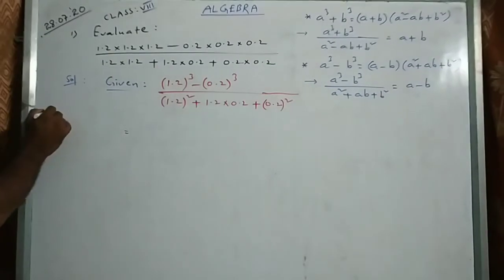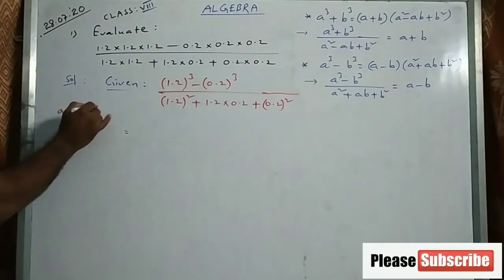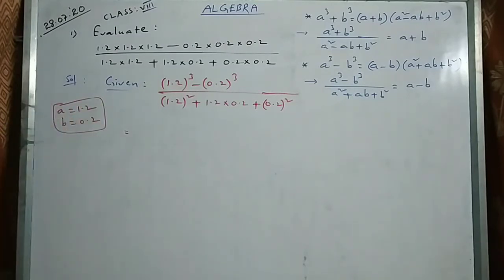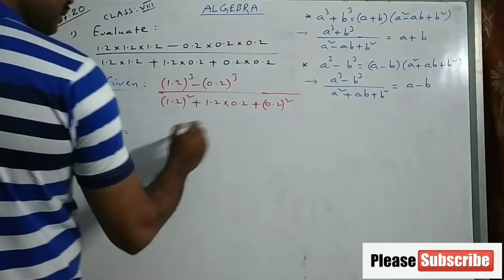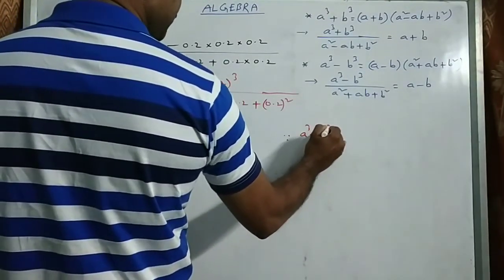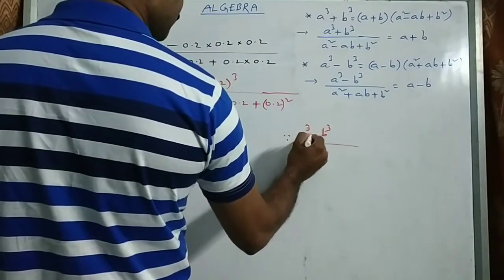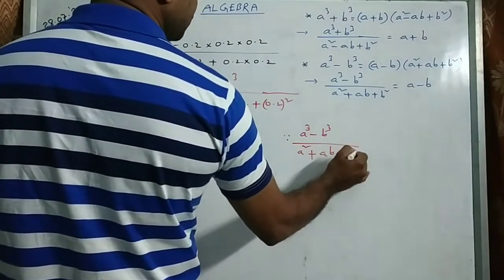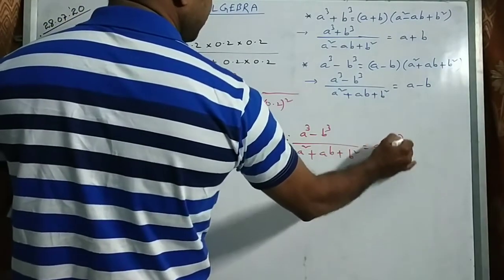What is the form here? Here a value 1.2, b value 0.2, right? Okay, it looks like second formula: a cube minus b cube upon a square plus ab plus b square can be a minus b.